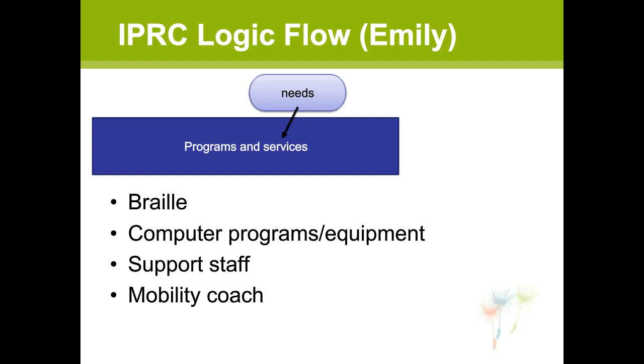And what you should see clearly, if this is working right, is those programs and services flow directly from the needs. And that's clear. And also that these programs and services have been recommended by professionals, and then the parent recommends it at the IPRC, referring to the professionals. Okay.